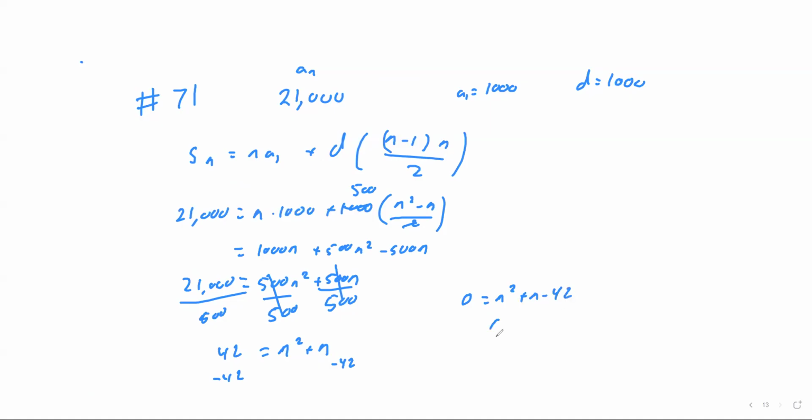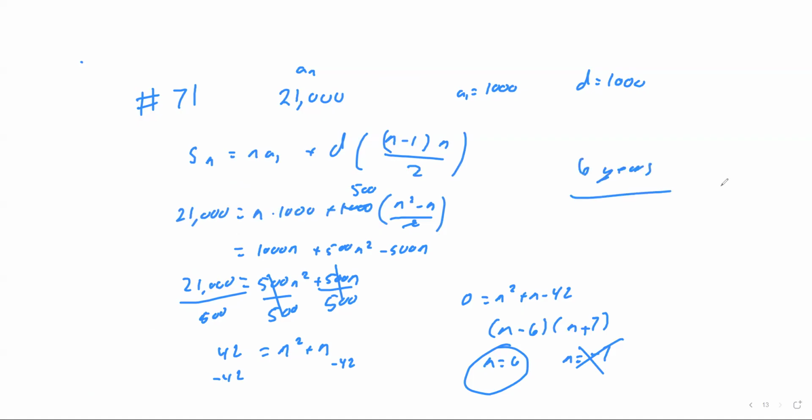And now we just got to factor. So two numbers that multiply to negative 42 but add up to 1. That'd be 6 and a 7. And then I want it to be a positive 7 and a negative 6. So that'd say n equals 6 and n equals negative 7. Well, you can't have a negative n, so therefore it must be 6 years.